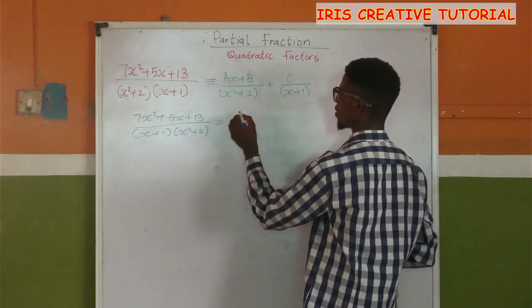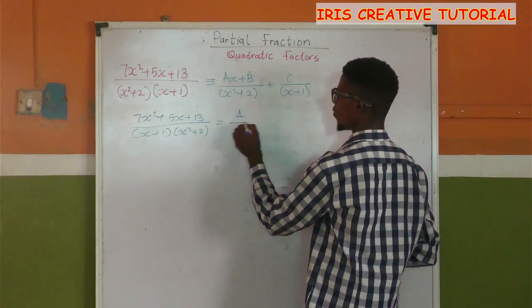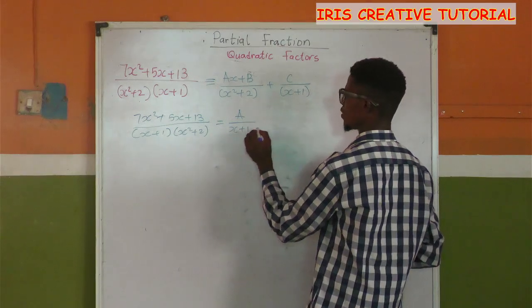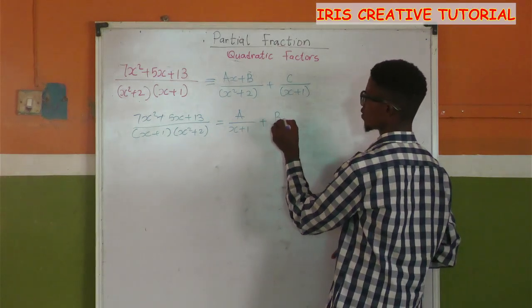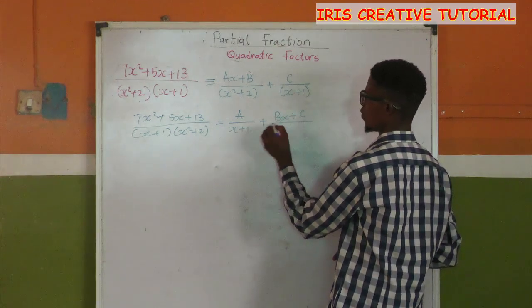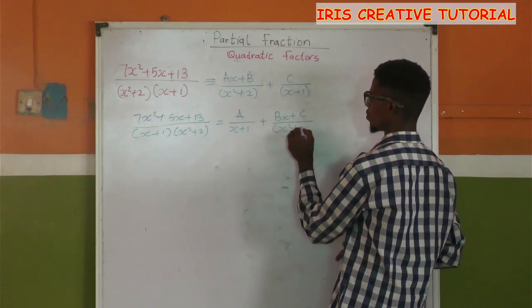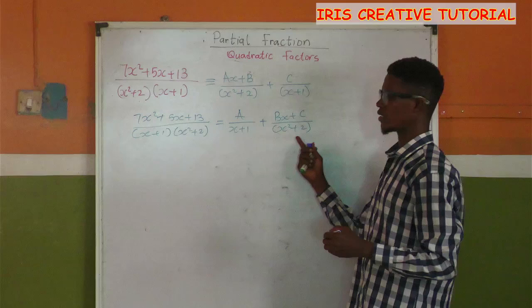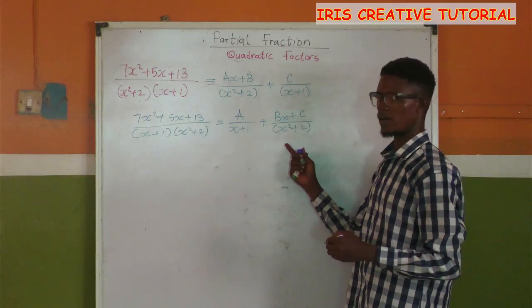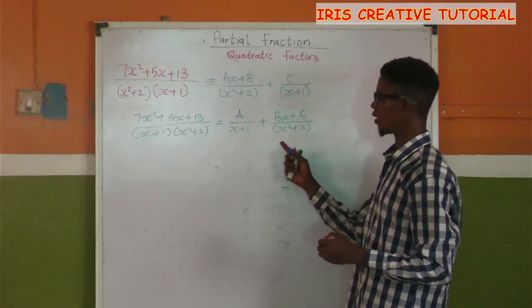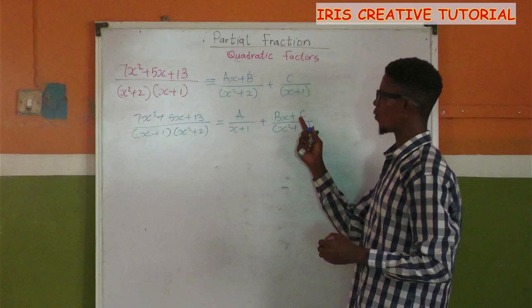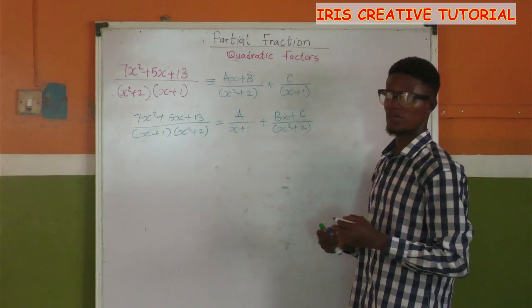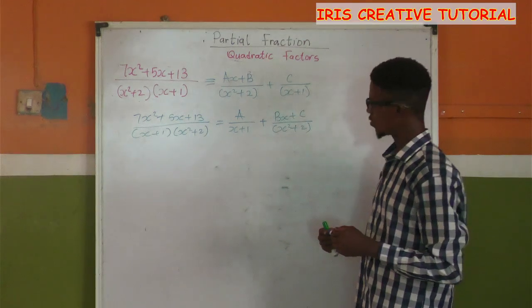The expression here will be a over x plus 1 plus bx plus c over x squared plus 2. So it's always the quadratic factor that carries this particular expression of the numerator. So take note of that.